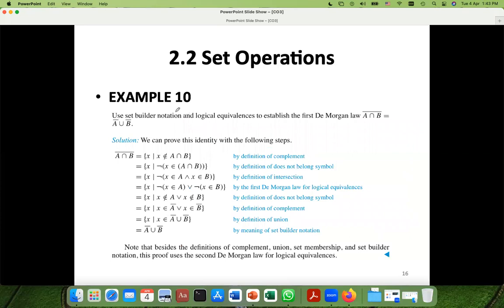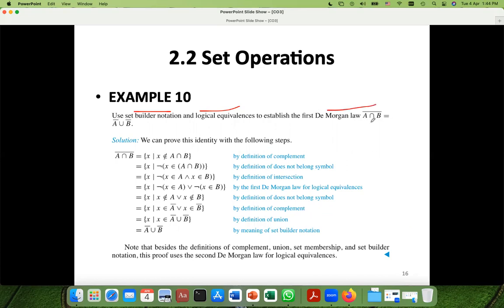Now, example 10: use set builder notation and logical equivalences, which you have seen in chapters 1 and 2 in the tables, to establish the first De Morgan law.